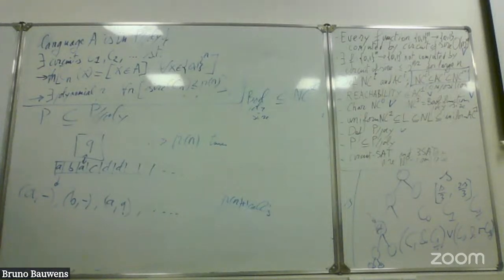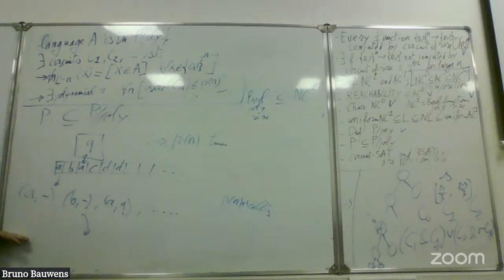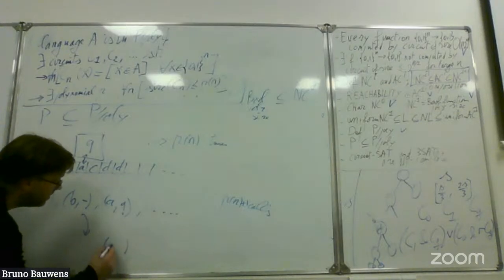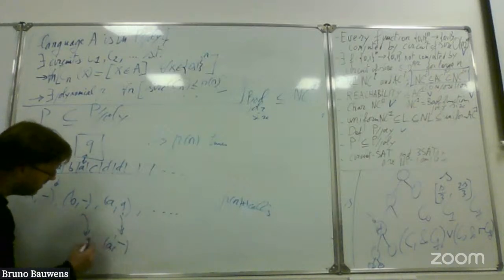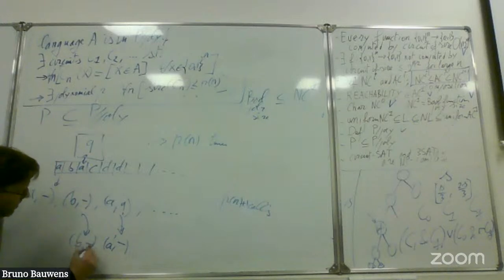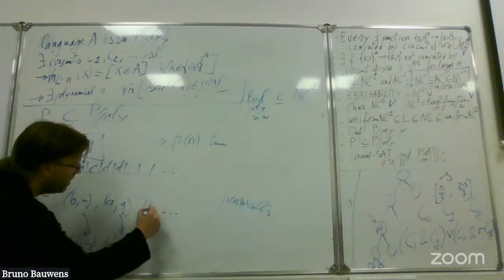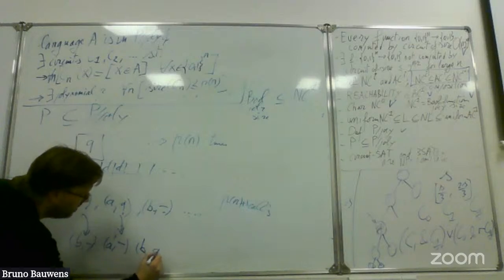Now, when we consider the mapping from one configuration to the next configuration, it's a mapping from strings over this alphabet to strings. Note that in the next configuration, we will have A prime. For example, if the machine goes right, what will we have? The same thing here, but now the machine will be in state Q prime on the next cell, so we have B and then Q prime.